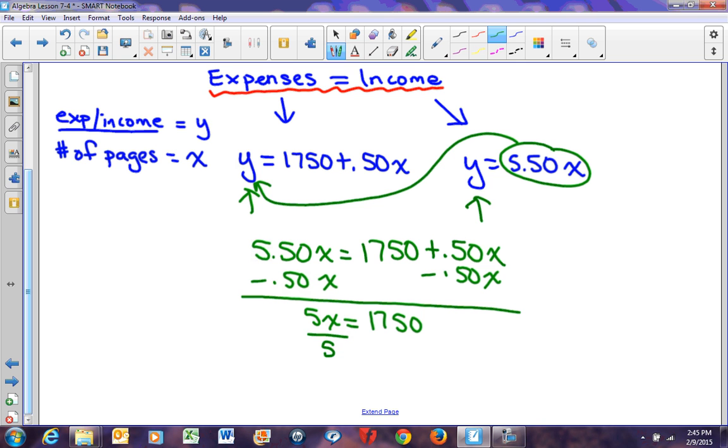Divide by 5. 1750 divided by 5 is equal to 350. So until I type 350 pages, I will not make any money. I will lose money because of the cost of the laptop. So how many pages must I type to break even? Must type 350 pages to break even.